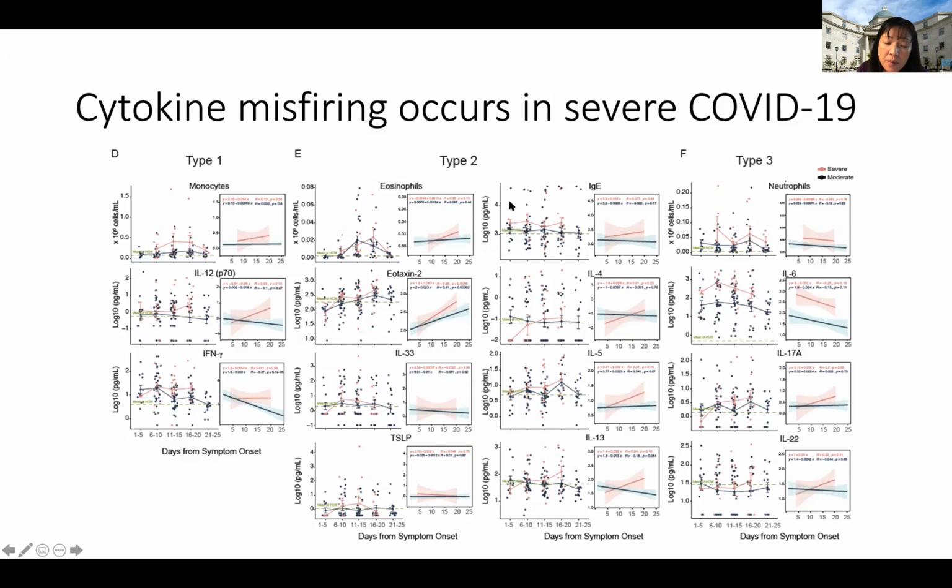So it looks like a misfiring of cytokines and immune responses that are normally dedicated towards helping the host fight against parasite infection and fungal infection, being engaged in some way in the COVID patients.